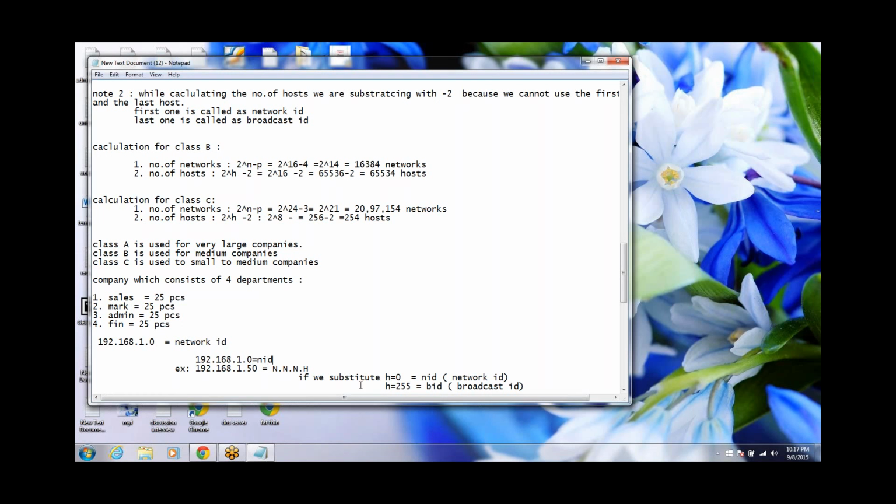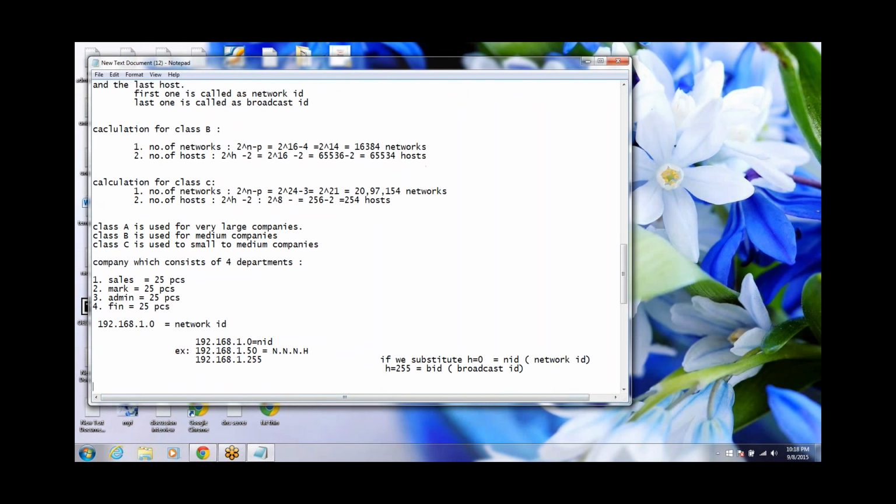The broadcast ID is 192.168.1.255. So for any given address, if you substitute H equal to 0, that becomes the network ID, and if you substitute H equal to 255, that becomes the broadcast ID.